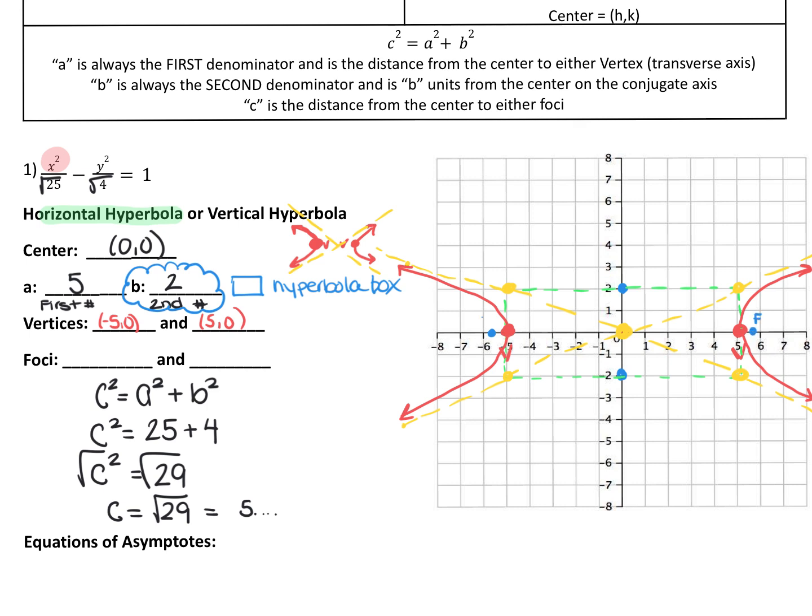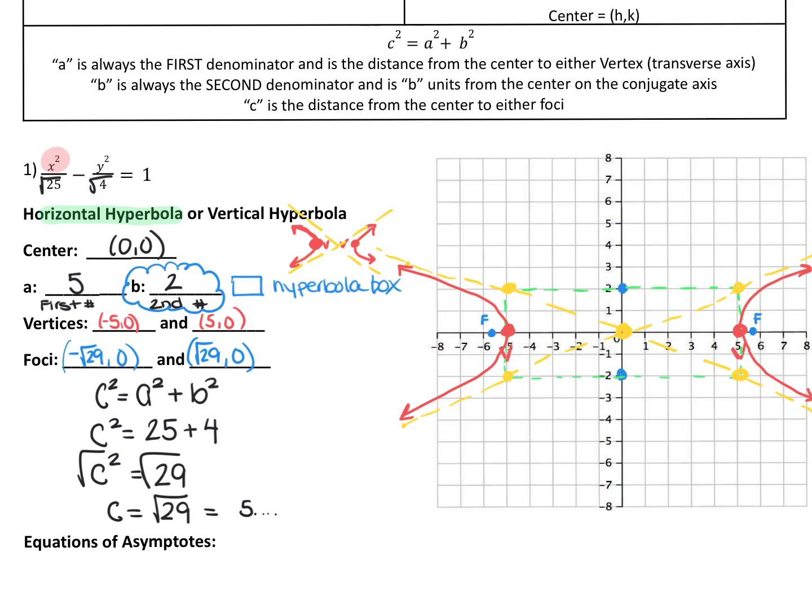We can call those foci 1 and foci 2. So if we were to name this point, we went 5.5 comma 0 and 5.5 comma 0, one negative, one positive. But just to be more proper and exact with our answer, we're just going to put negative rad 29 comma 0 and rad 29 comma 0. You could put 5.5 if you want, but this is just as accurate, actually more accurate.